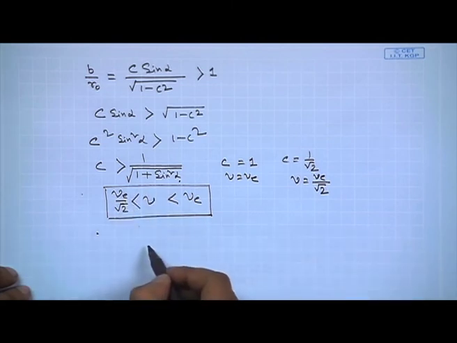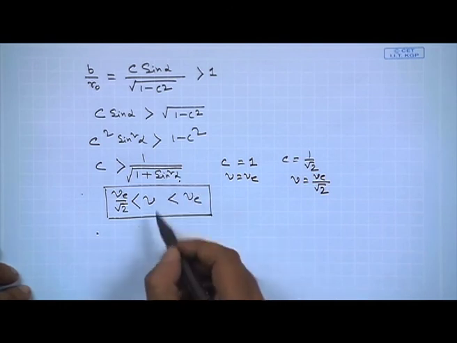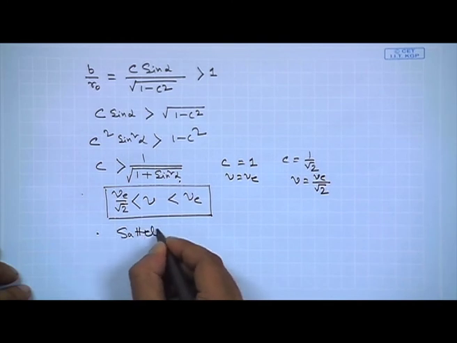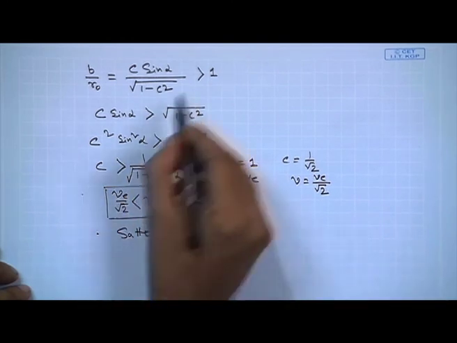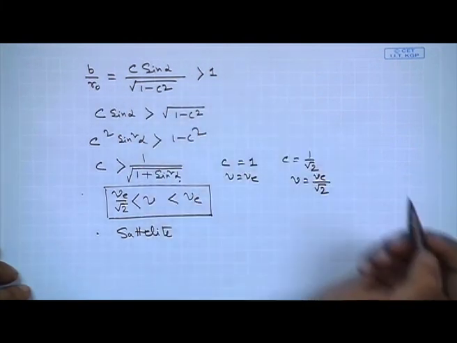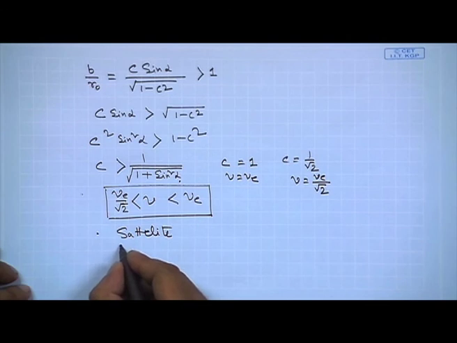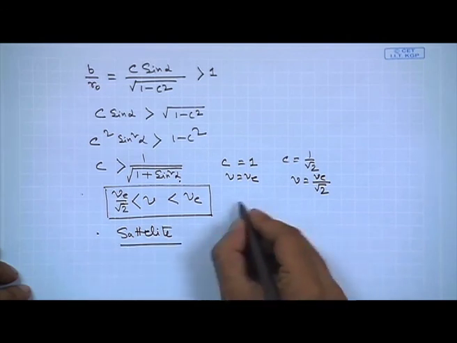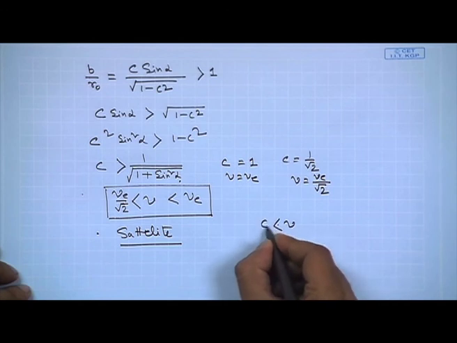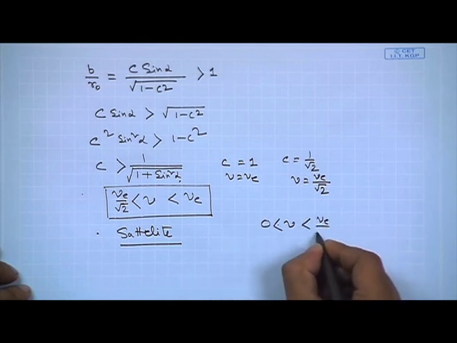So if this particular condition is met, then we have a satellite. And if we go back here and set this ratio less than 1, similarly we will find a range of v given by this.